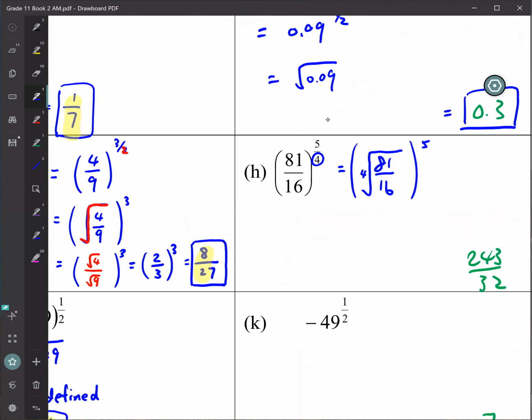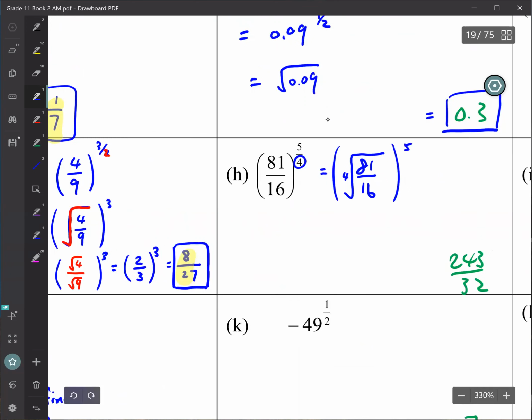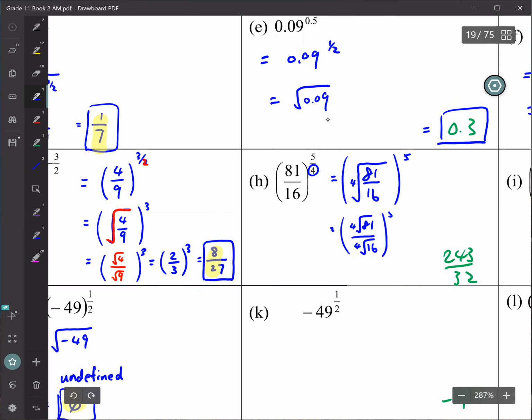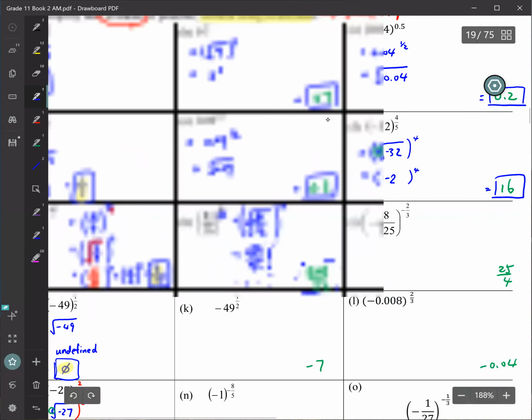So it'll be fourth root of 81, fourth root of 16, fourth root of 81 is 3 over 2. And then that will give you 243 over 32. Okay, so far everyone got it right.